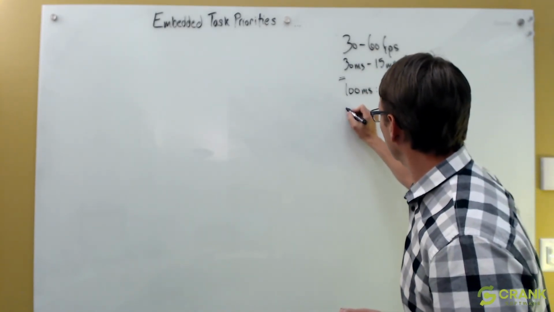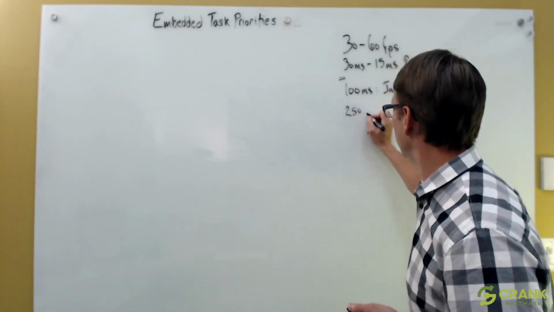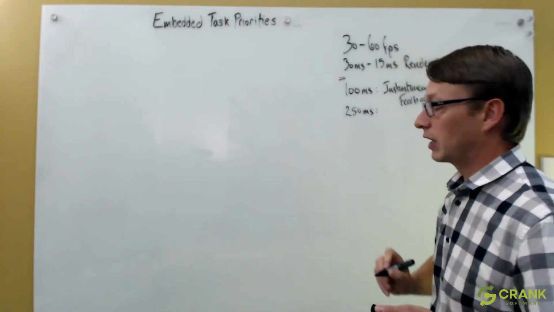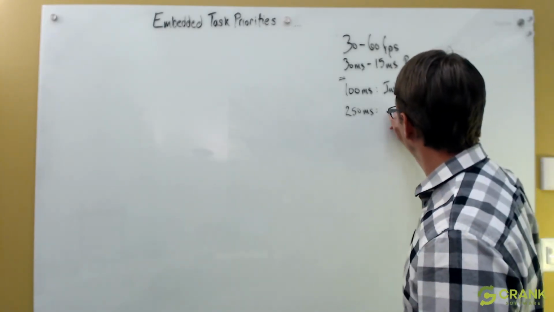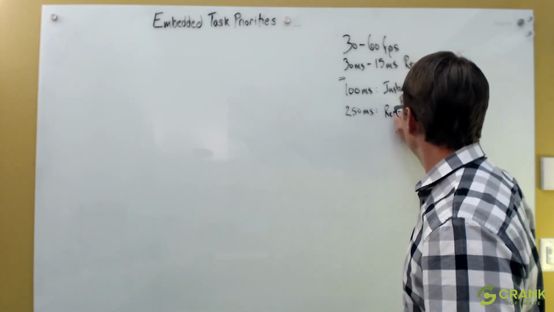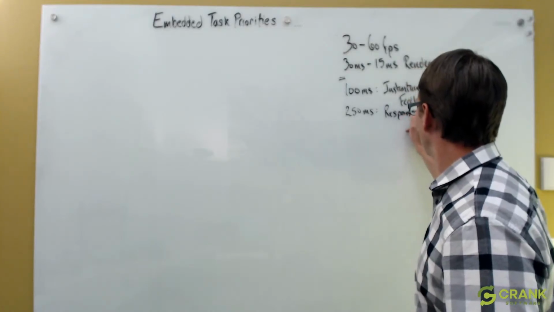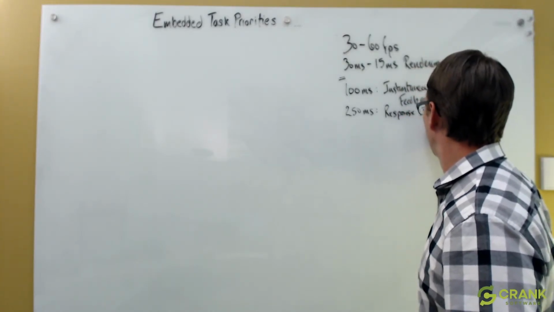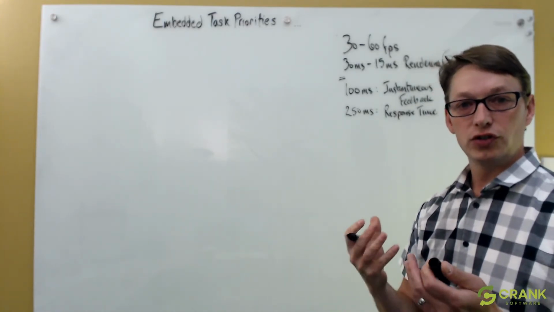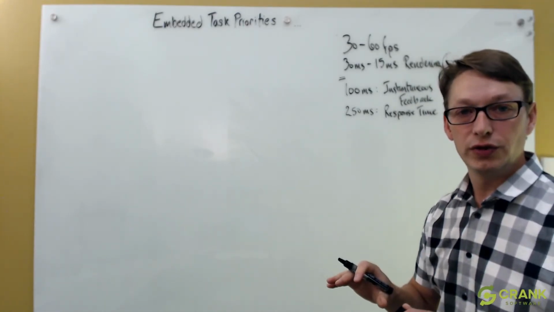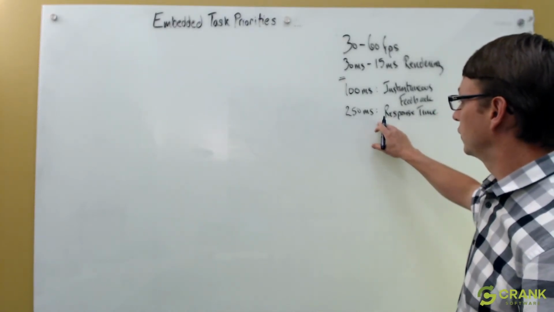The other piece here, in terms of time, that's curious, is 250 milliseconds. 250 milliseconds is the average response time, right? The average response time for someone seeing something visually change and being able to react to it is 250 milliseconds.